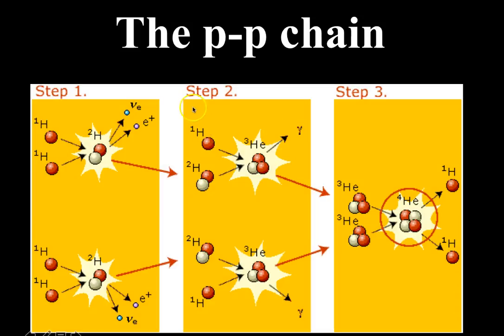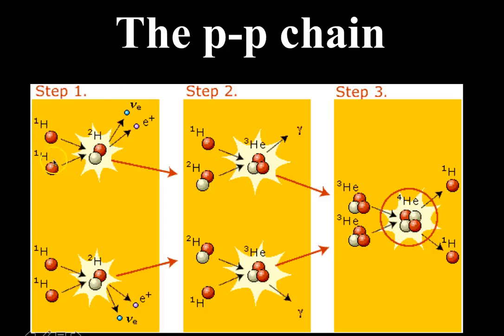Okay, so this is the proton-proton chain. Hopefully you're a visual learner as I am, and see this for what it is. We start off, remember, we have a plasma going on. We have protons and electrons just floating around. They're not in any atomic connection whatsoever, so we just have protons in a soup, and in that soup we have electrons.